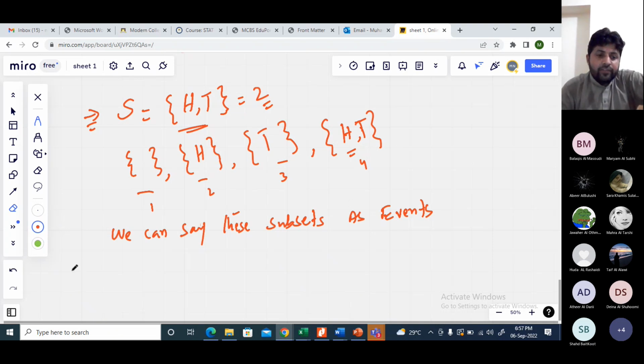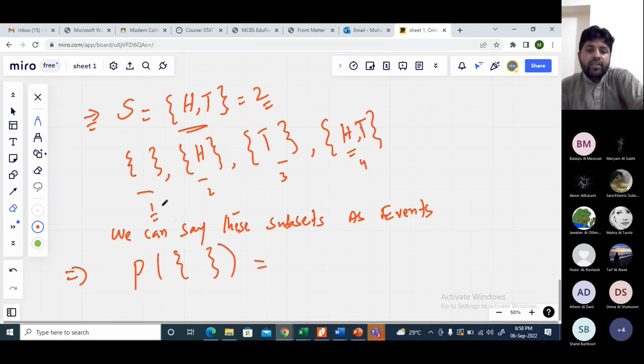Now the next thing is to apply the knowledge of probability to calculate the probability of each event. For example, if you want to calculate the probability of the null set, what is the meaning of this in the situation of a coin toss?